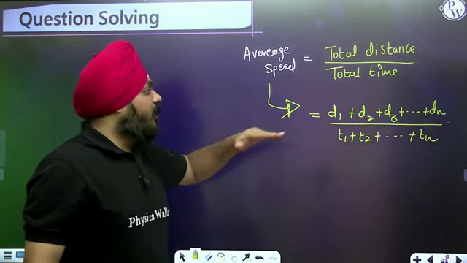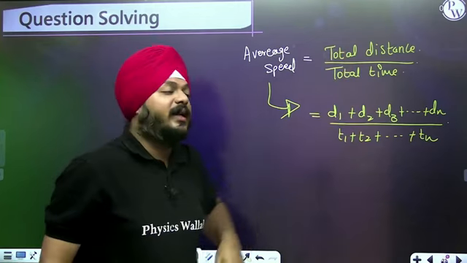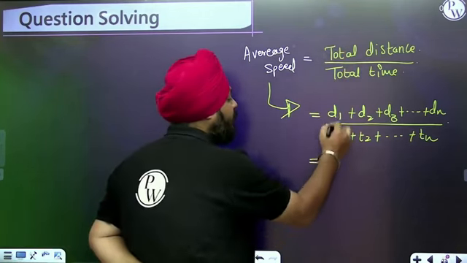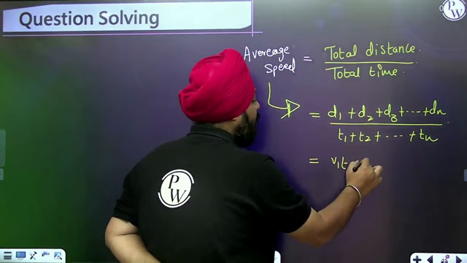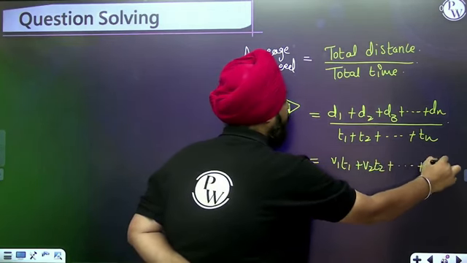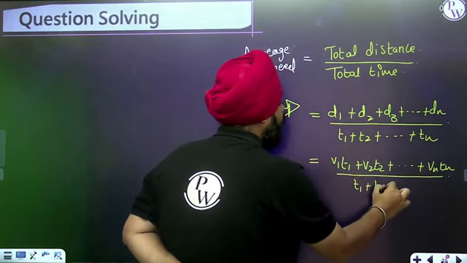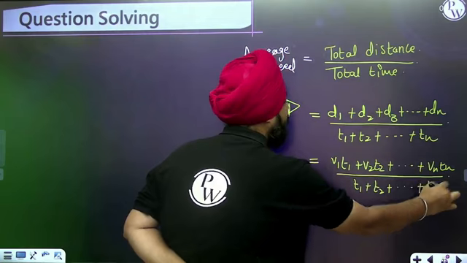Suppose the distances are not given, but the velocities and the time intervals are given. Then we have to use this formula: V1 T1 plus V2 T2 plus dot dot dot plus Vn Tn, whole divided by T1 plus T2 plus dot dot dot plus Tn.